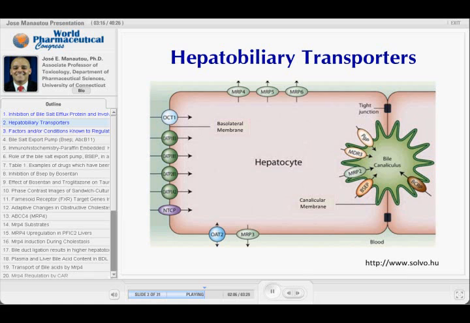Okay? So that results in accumulation of bile acids in the presence of this pharmaceutical through a competition-type event going on. And the combined effect of the hydrophobicity as well as the detergent action of bile acids is what can actually produce damage to the hepatocyte.